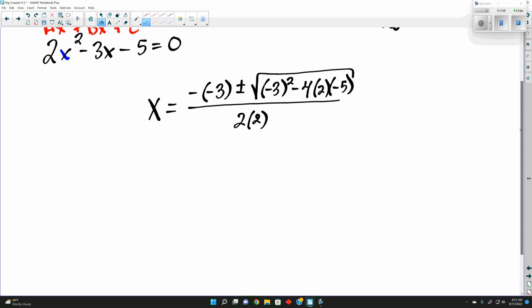And we have this here. Now there's a few things we could have simplified as we plugged it in. One of them was this here, negative, negative 3. We could have just written it as positive 3, because we know a negative and a negative will make a positive.